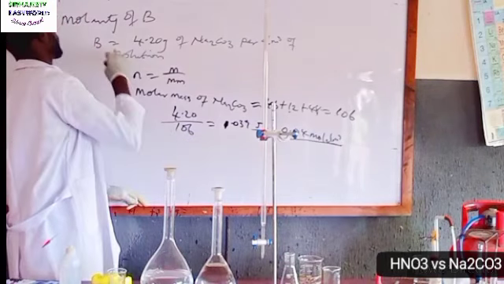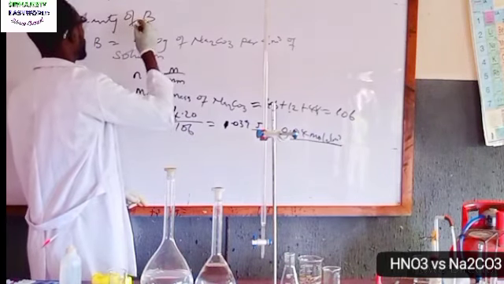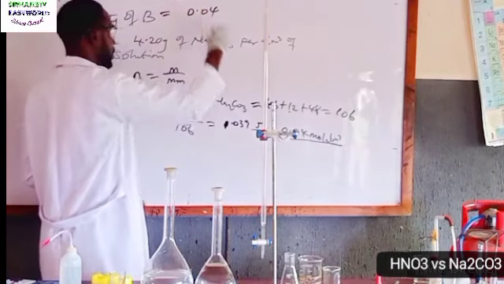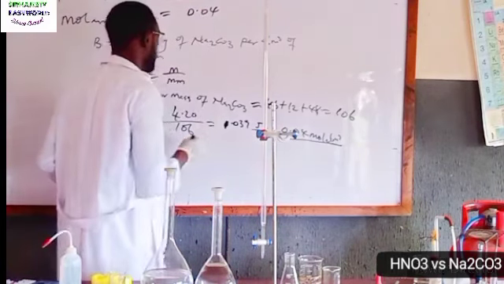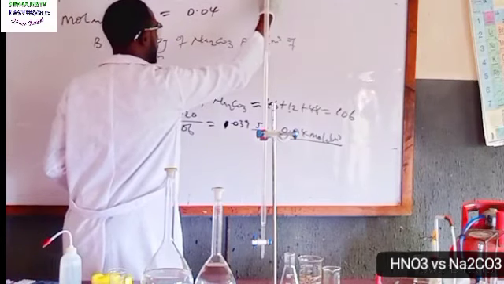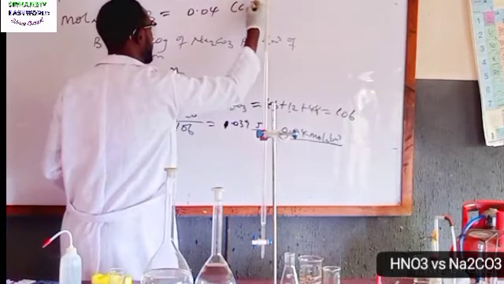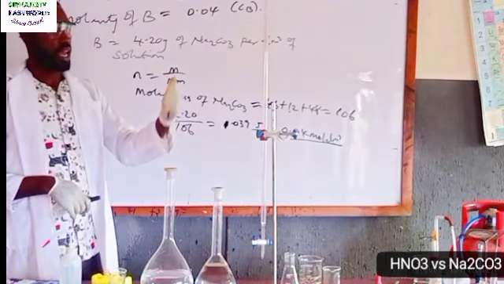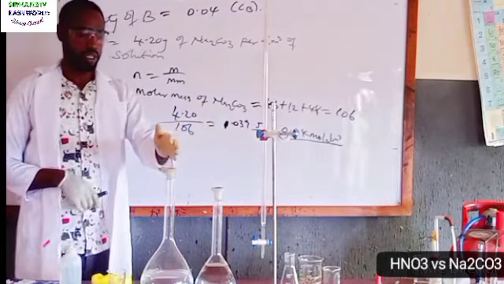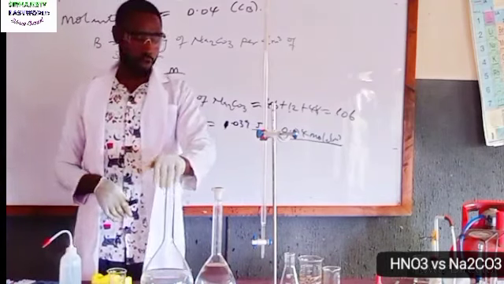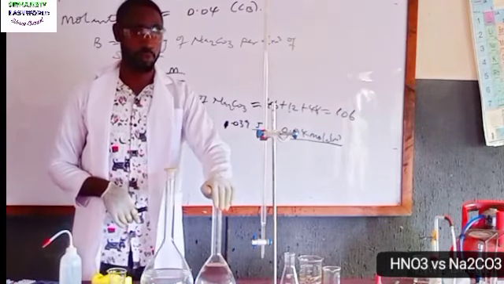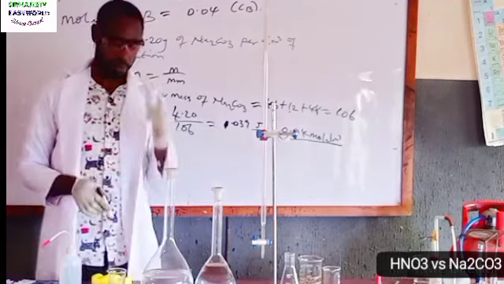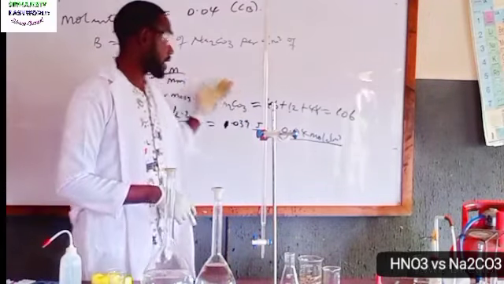In this case, molarity of A is 0.15, while molarity of B is 0.04 mole per dm cube. This is our CA and this is our CB. Now we will do our titration between these, where the molarity of this is 0.15 and this one is 0.04 mole per dm cube. So I'm going to do the titration, then after we come back and calculate.